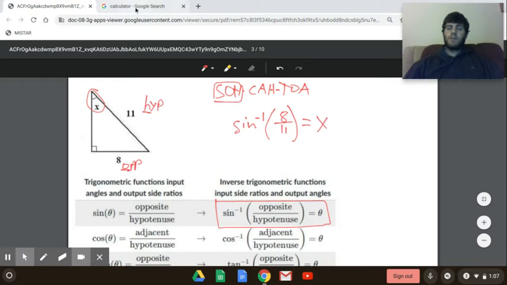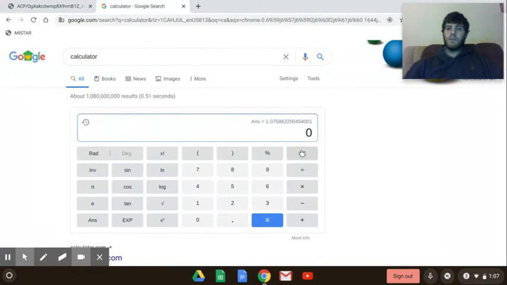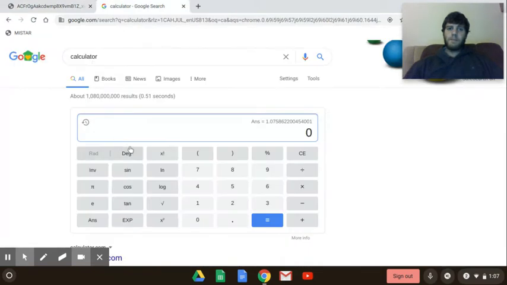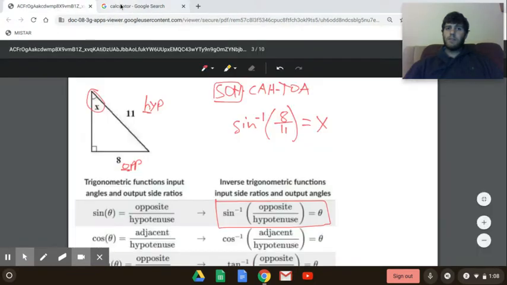So all we have to do is go over to our calculator, make sure we're in degrees, because we're using degrees. Were we in radians for the last one, maybe? It's possible. Okay, make sure we're in degrees. Okay, and we want inverse sine, so you got to hit the inverse button. Okay, inverse sine, and our ratio is 8 divided by 11.